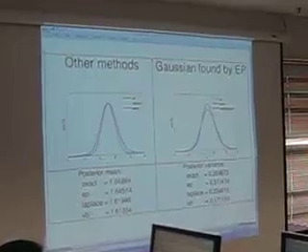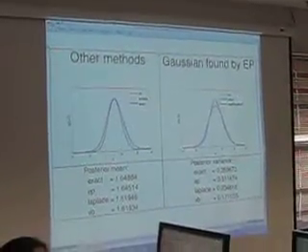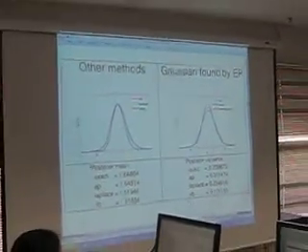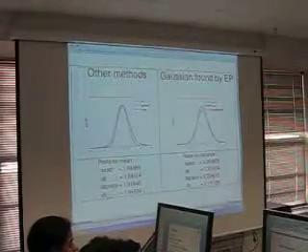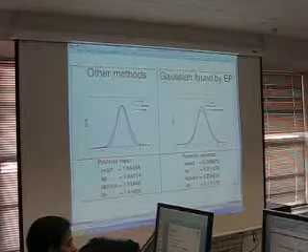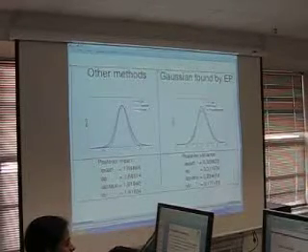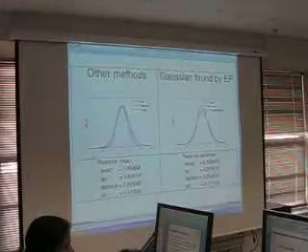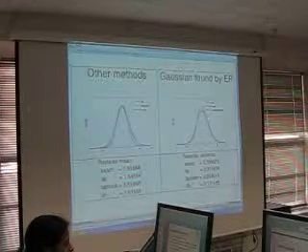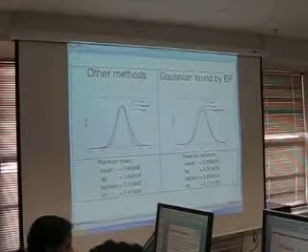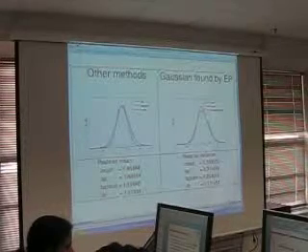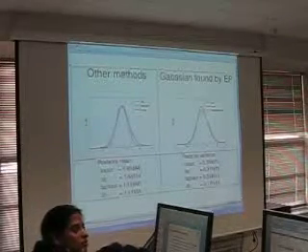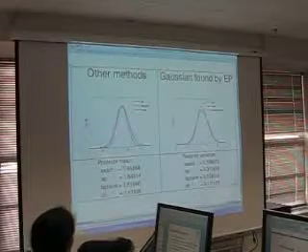In the exact value, the mean between EP and exact is very close, and the variance is also close. This means after inference, our knowledge is similar to the exact knowledge, and the uncertainty of this knowledge is similar to the exact value.